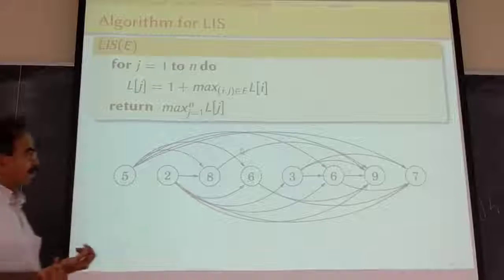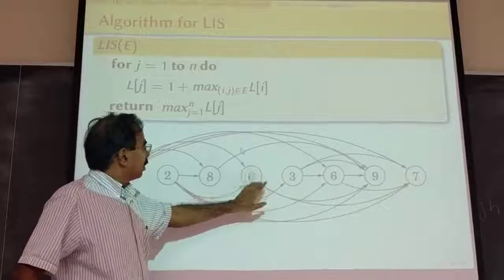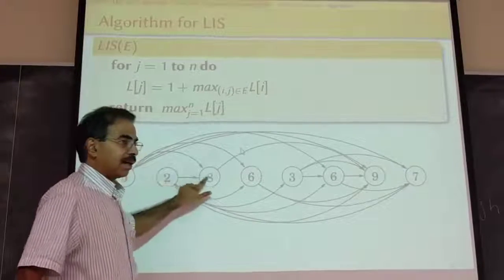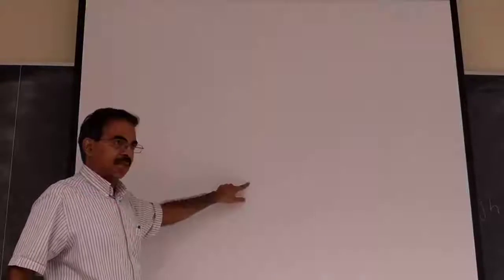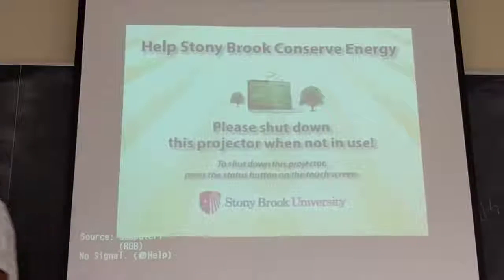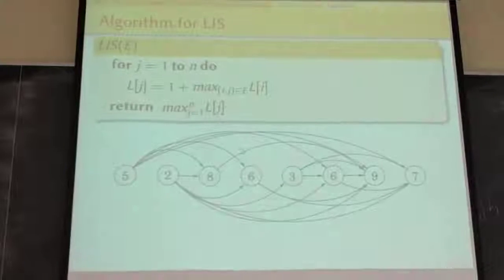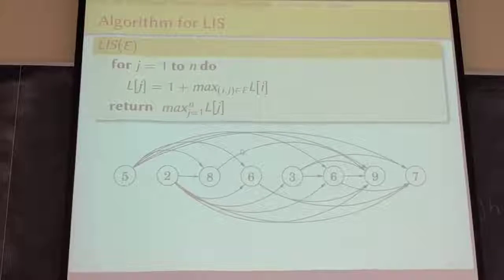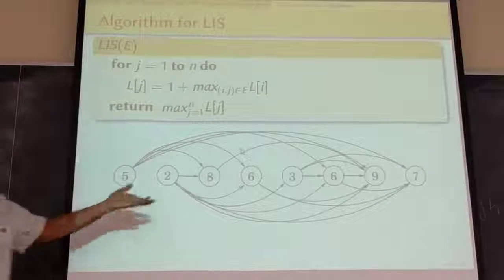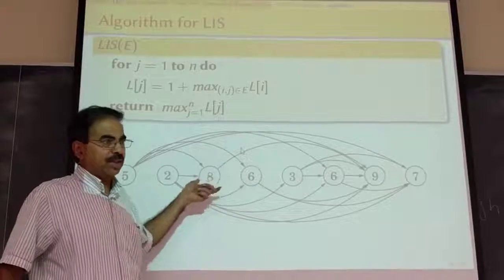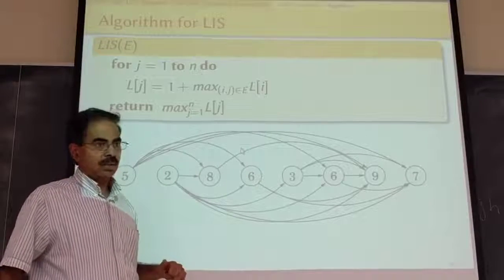So the calculation is simple, right? For each number here, this number could be either greater or less, right? So basically it's like a 50% probability, right? Can be higher or lower, which means that you can expect generally of the order of n by 2 edges coming into each node, right?